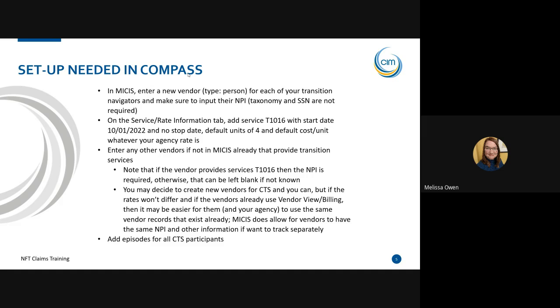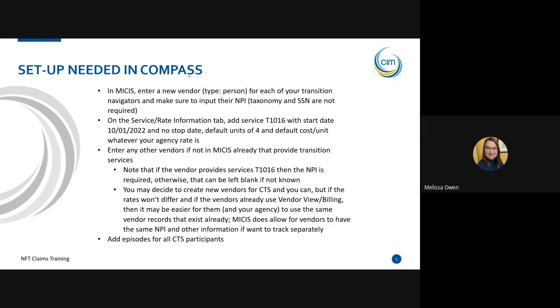And then you'd go to the service rate information tab in MISIS and add the T1016 service with a start date of 10/1/2022 with no stop date, and your default units of 4 and default cost per unit for whatever your agency rate is, because that's a per 15-minute unit service. And then any other vendors providing transition services, if you don't already have them in MISIS, you need to add those also into MISIS.